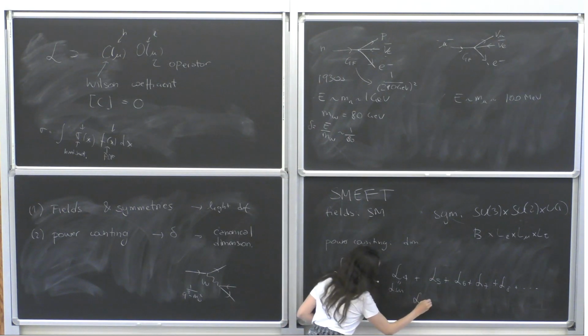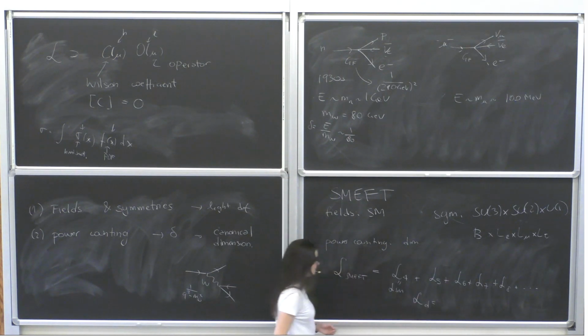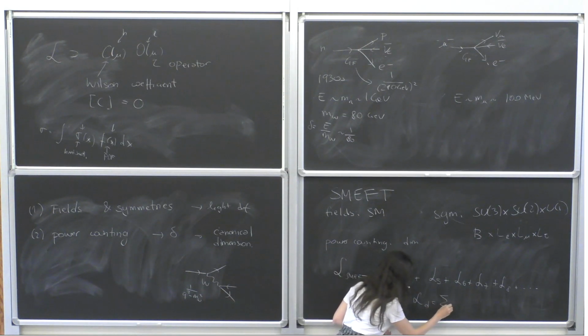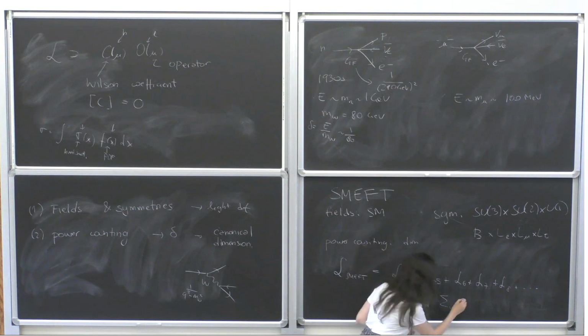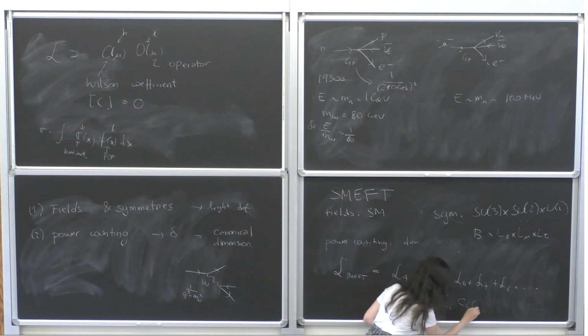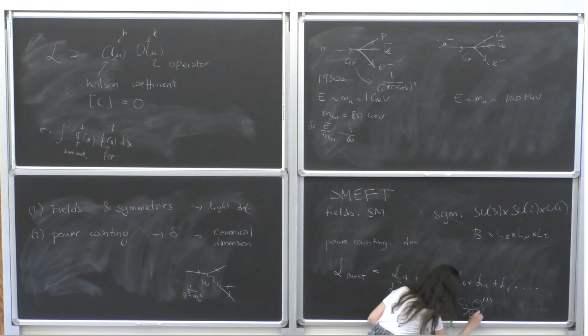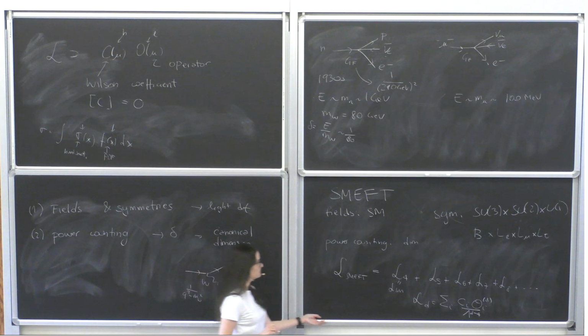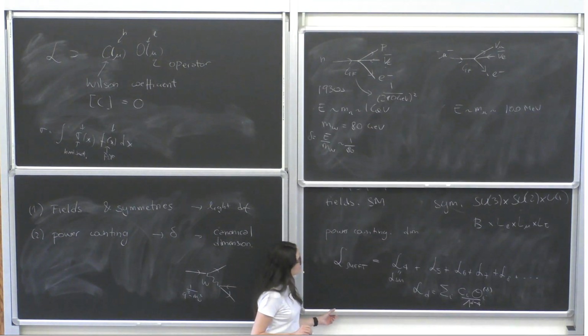And for each of these d-dimensional Lagrangians, basically you will have some sum over something with a label. It can be convenient to write it like this. So you have some Wilson coefficient, some operator of dimension d, and it will be suppressed by d minus 4 powers of lambda. I hope you can read it and that this makes sense to you.